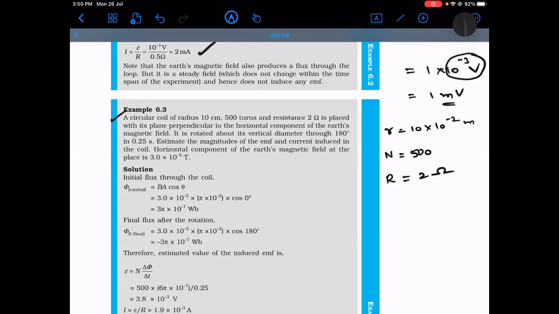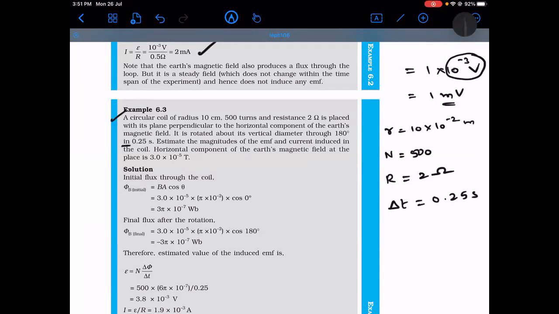It is placed with its plane perpendicular to the horizontal component of the Earth's magnetic field. It is rotated about its vertical diameter through an angle of 180 degrees. So theta through which it has got rotated is 180 degrees, in the time delta t as 0.25 seconds.